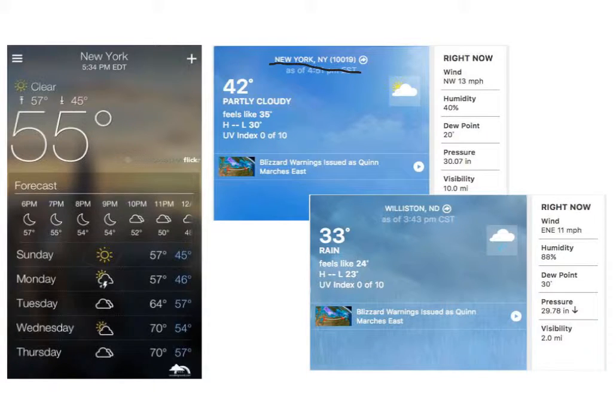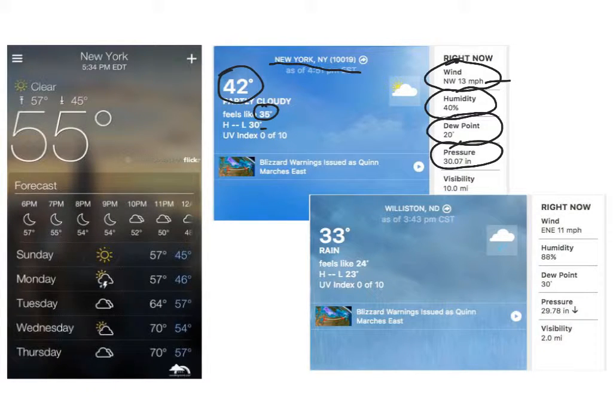I can find out what the temperature is like right now. I can find out what it feels like, what the high temperature is going to be, the low temperature is going to be. I can find out what direction the wind is coming from and how fast it's blowing. I can find out what the humidity is, 40%. I can find out what the dew point temperature is, what the pressure is, how far I can see, the visibility. There's so many things we can find out about each and every city.